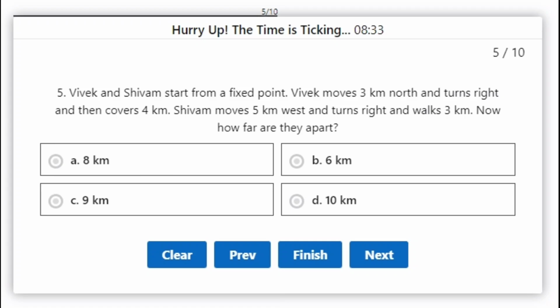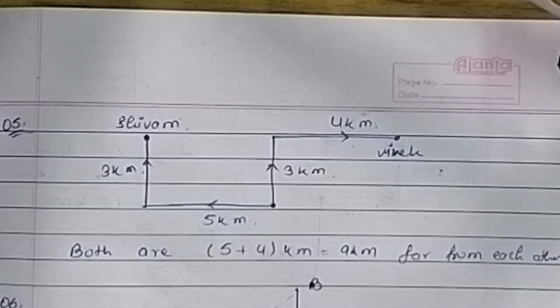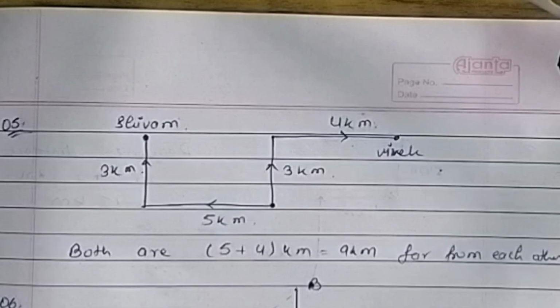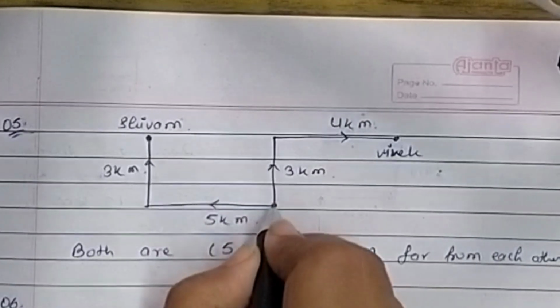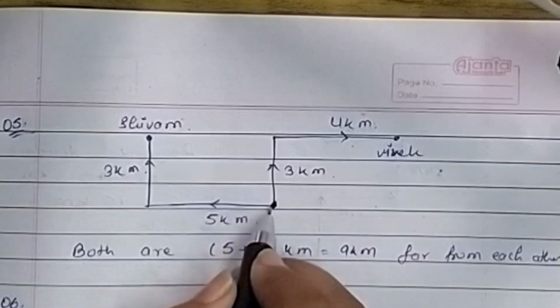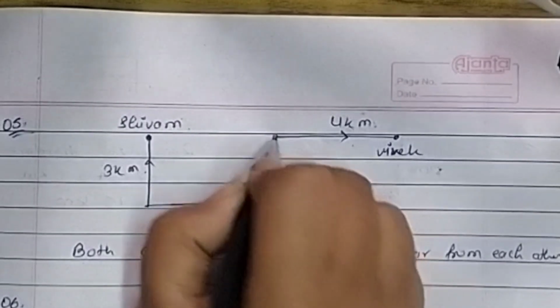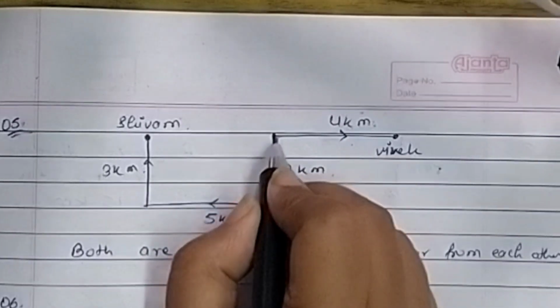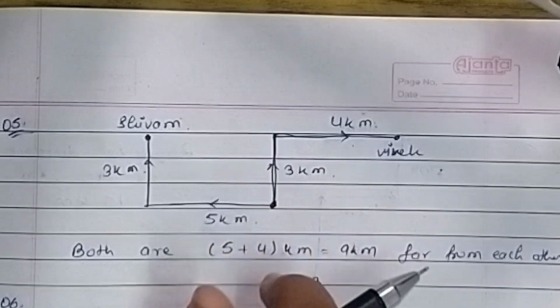So Vivek and Shivam start from a fixed point, and Vivek moves 3 km north and turns right. If we see, the fixed point would be like this, and Vivek moves 3 km north from this point, turns right and covers 4 kilometers.